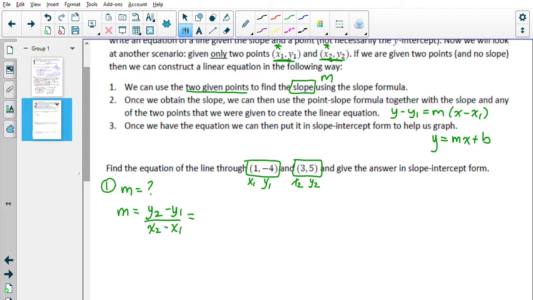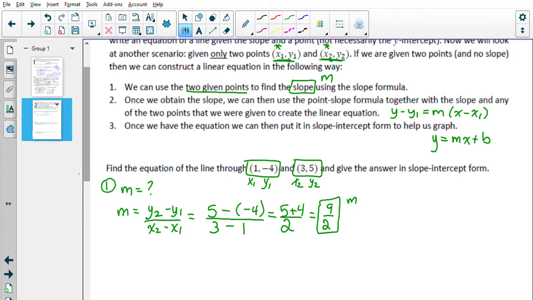So my y2 is 5, subtract my y1, which is negative 4. My x2 is 3, and my x1 is 1. So when you simplify there, you're getting 5 plus 4 over 3 minus 1, which is 2. So you get 9 over 2. We're not writing that as 4.5, we're just leaving it as 9 over 2.